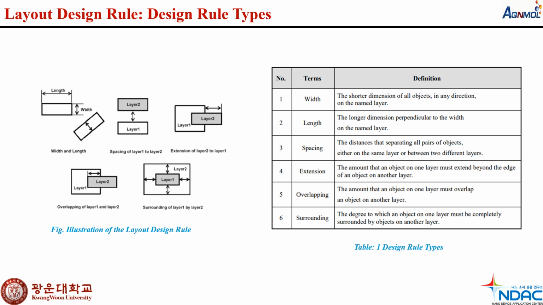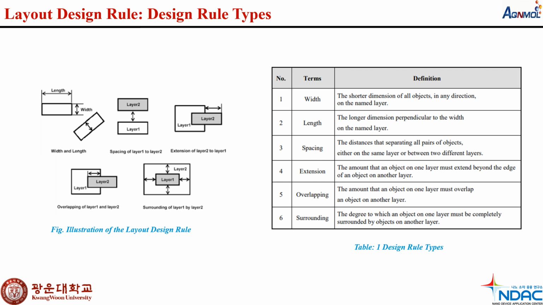For length, the definition is the longer dimension perpendicular to the width on the named layer. For spacing, the definition is the distance separating all pairs of objects, either on the same layer or between two different layers. In terms of extension, it is the amount that an object on one layer must extend beyond the edge.